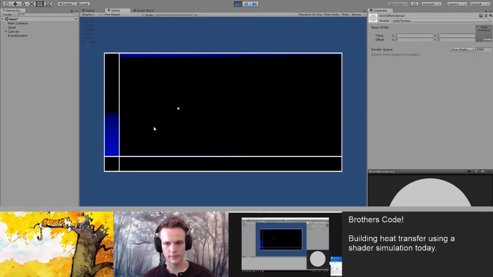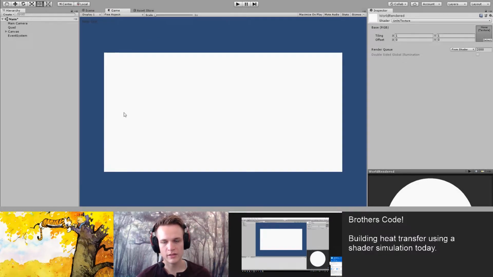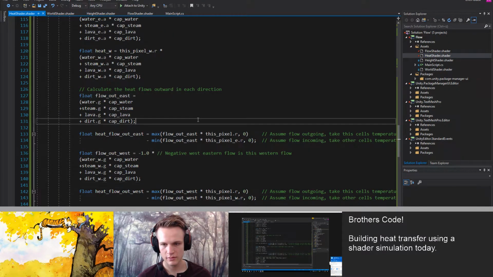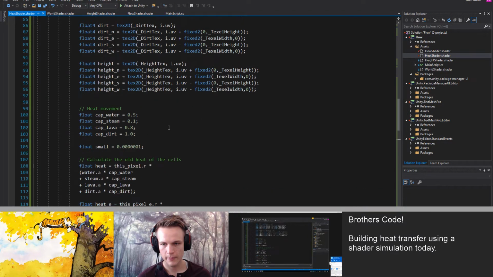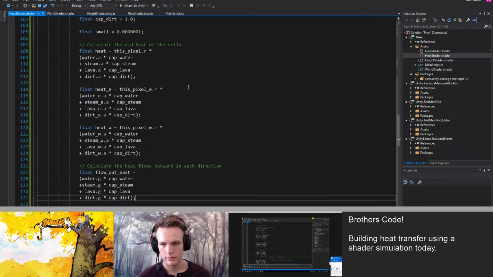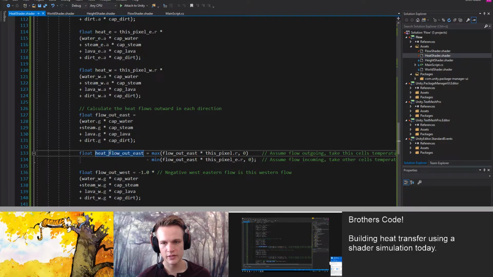Okay. Hmm. I mean, something happened. Something is happening, but it's not... Well, those things aren't flowing anymore, so that's correct. But it should flow the heat with it. Something is wrong. So let's check to make sure that that value is actually getting output.